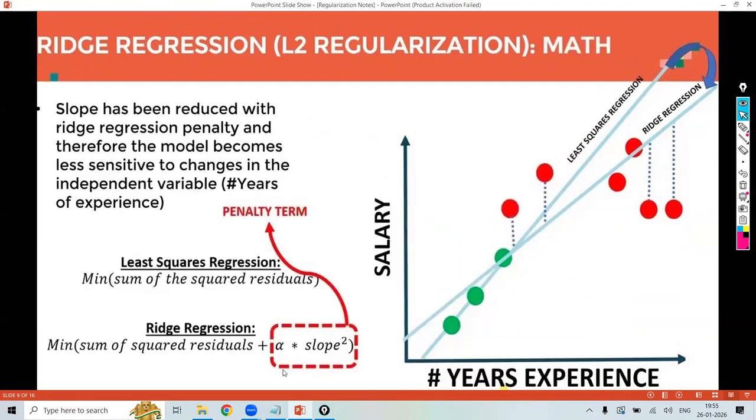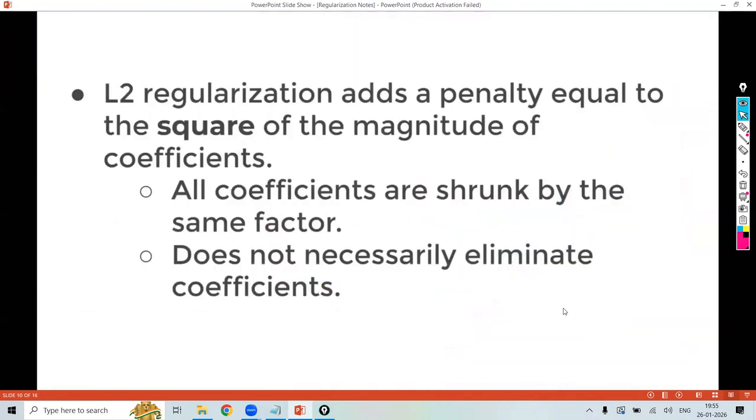So the penalty term is nothing but alpha into slope square, where alpha is not a fixed value. L2 regression adds a penalty equal to the square of the magnitude of coefficients. Coefficient means nothing but slopes. Square of the slopes. All coefficients are shrunk by the same factor.